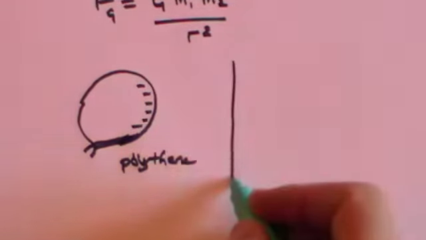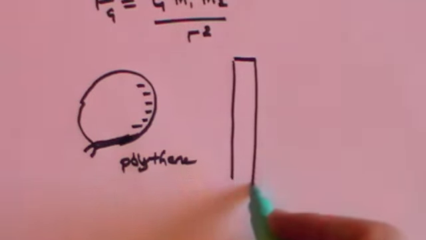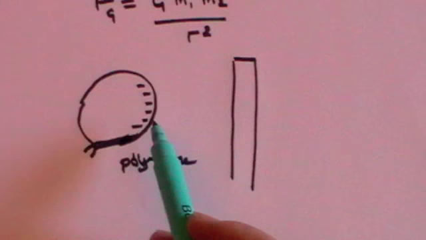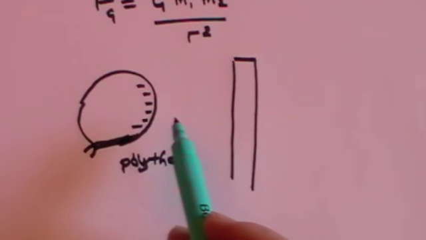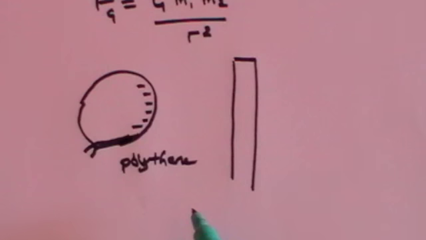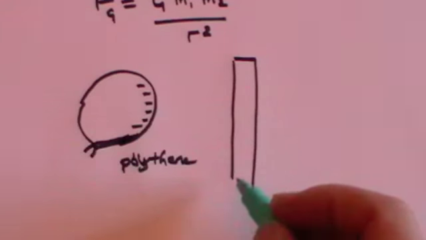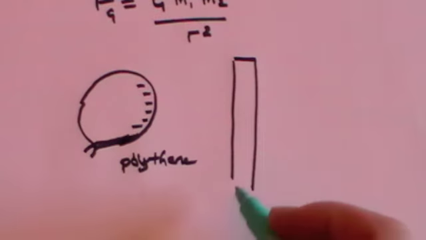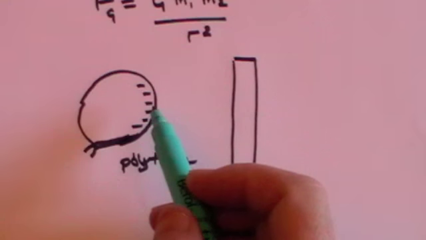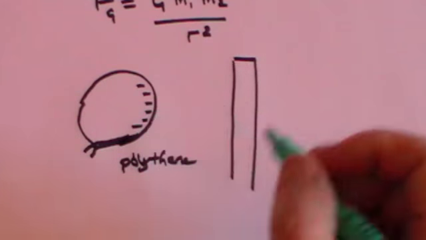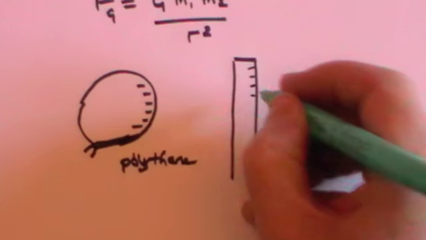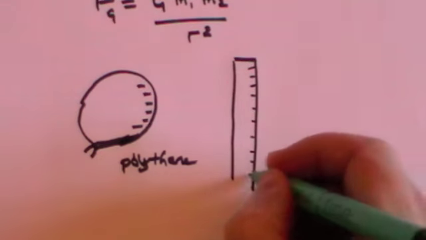Now let's say you bring that against the wall of your room. When you bring the balloon with an excess of electrons to the wall, the free electrons that are in the wall, and there will always be some, will be repelled because like charges repel. So the electrons will all go to this side of the wall.